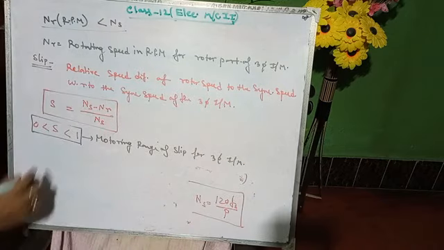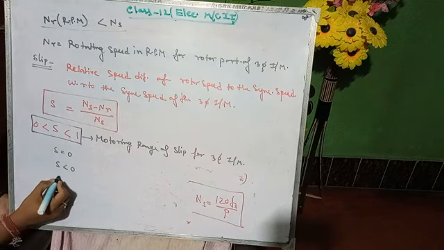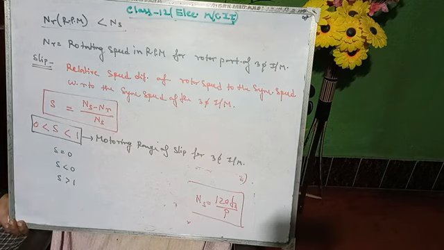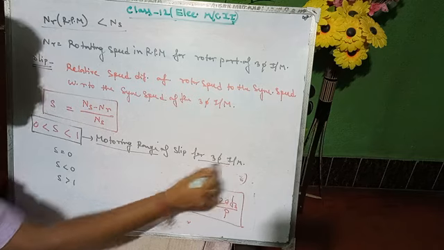When s equals 0, what happens? When s is less than 0, what happens? When s is greater than 1, what happens? There are three different cases. From 0 to 1, it is called the motoring range for a 3-phase induction motor.